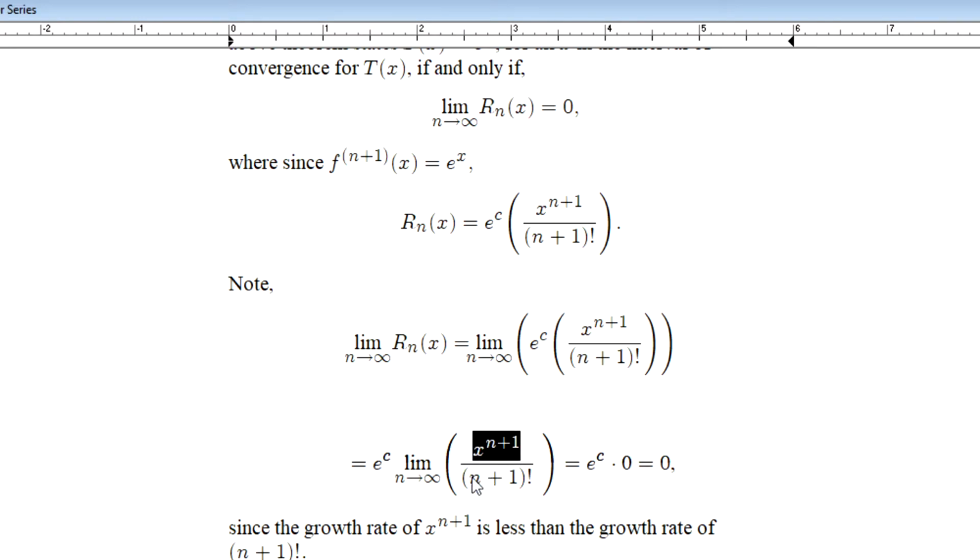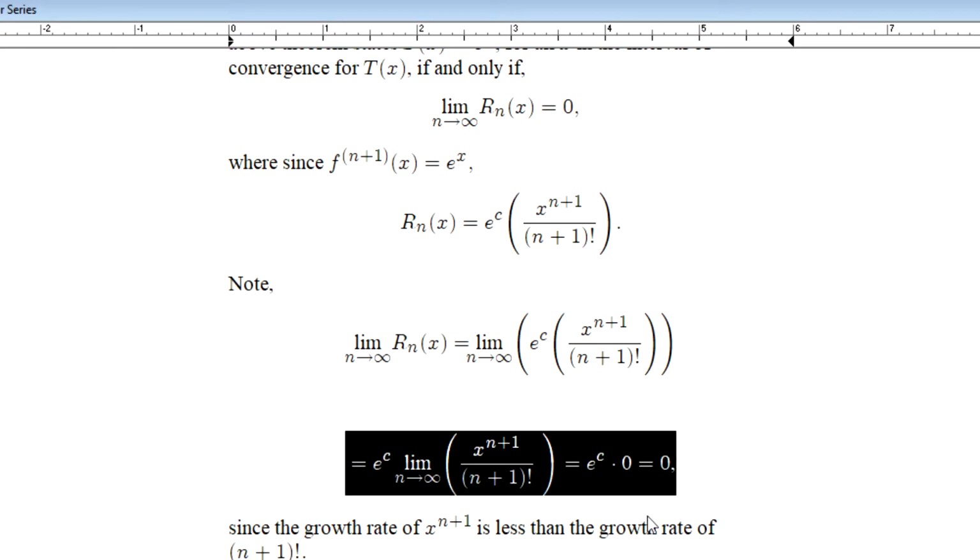This numerator grows slower than the denominator in terms of their growth rates. So if this numerator grows slower than the denominator, this overall ratio will actually head to 0 as n heads to infinity. So using some growth rates here, we can show this heads to 0, or that in a sense the limit as n heads to infinity for this remainder must be equal to 0.